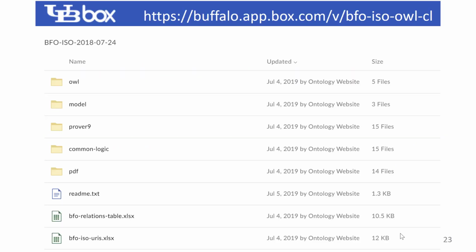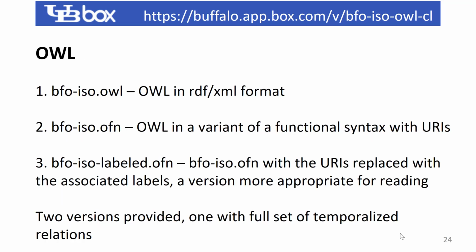All right, so this is what the formal content looks like. There are 5 bins with names which are to some degree intuitive, and I'll go through each of them in turn. The OWL bin includes an OWL formalization in RDF XML format, another formalization in a functional syntax using URIs, and then a third version in a labeled functional syntax, which is easier for human beings to read.